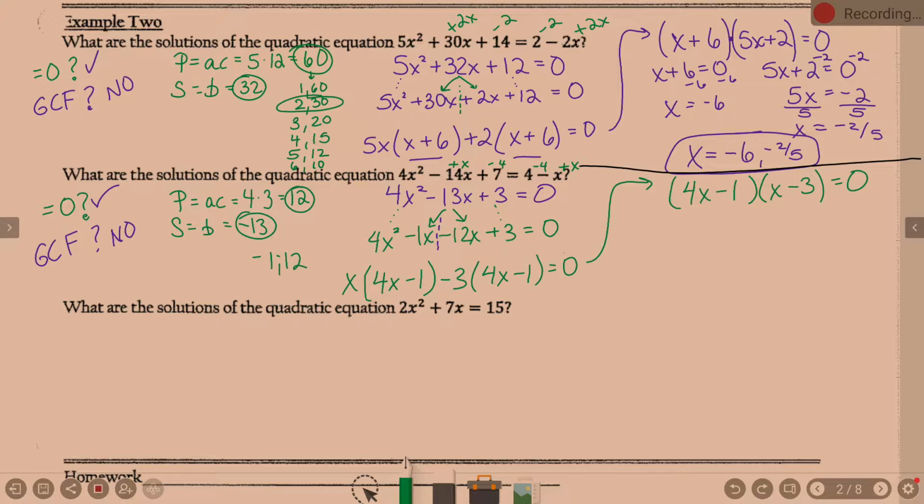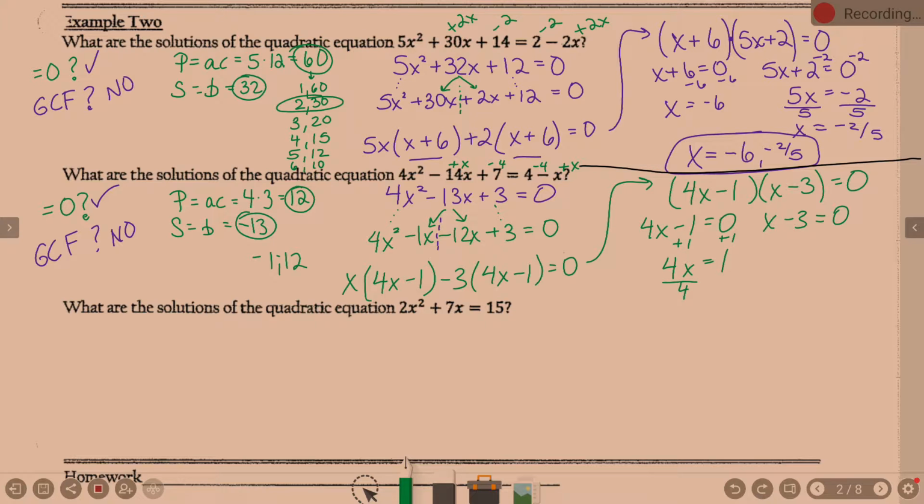What is that next step? Okay. So either 4x minus 1 has to equal 0 or x minus 3 has to equal 0. If it's 4x minus 1, add 1. 4x equals 1. Sorry, I just kind of kept going.